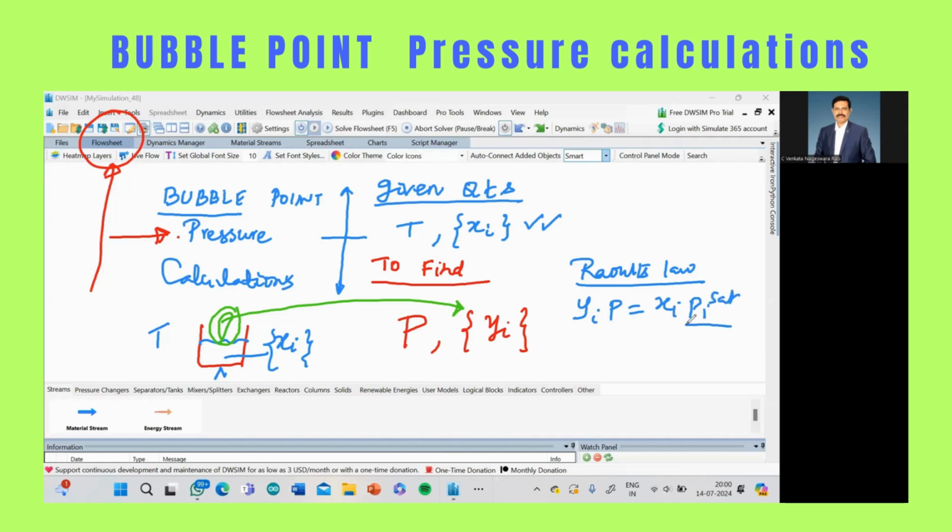This PA sat is obtained from the Antoine equation, and Xi we already know, and at the first instance we find P. Once we know this P from this condition, and we know Xi, we also find PA sat from the Antoine equation, then we can find Yi as Xi into PA sat by, sorry, by what is it? You should correct me actually. Here it should be pressure.